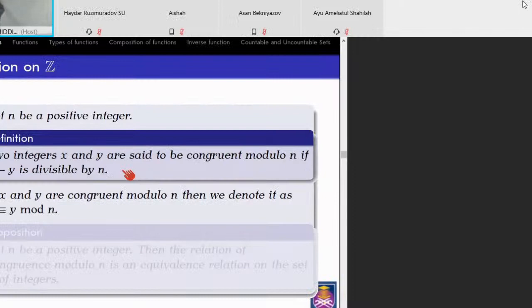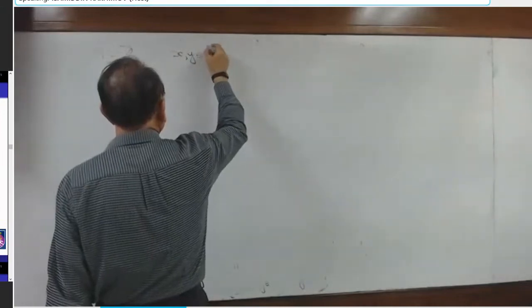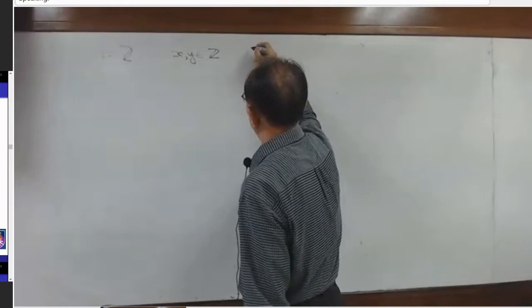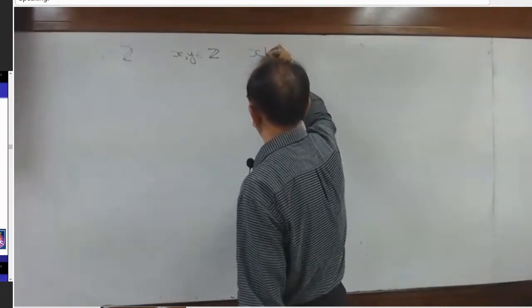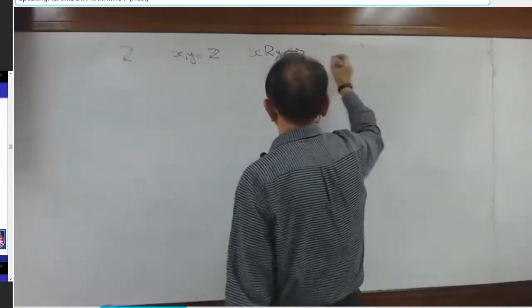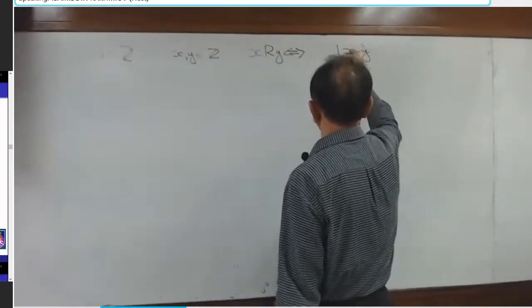I will take two elements x, y from Z. x R y if and only if x minus y is divisible by n.